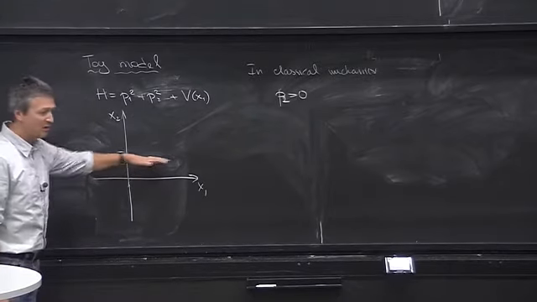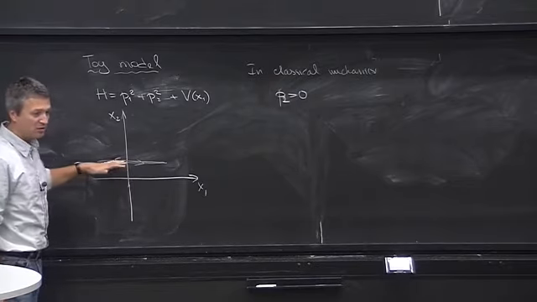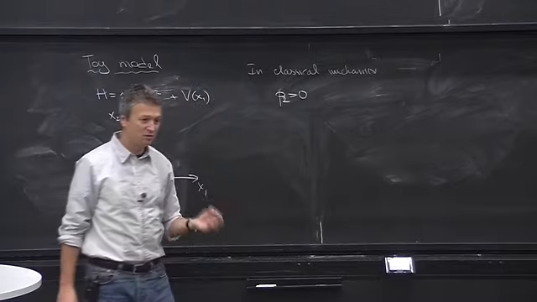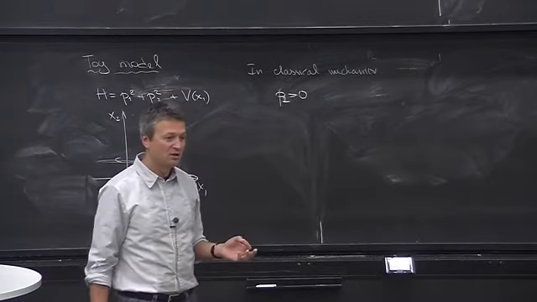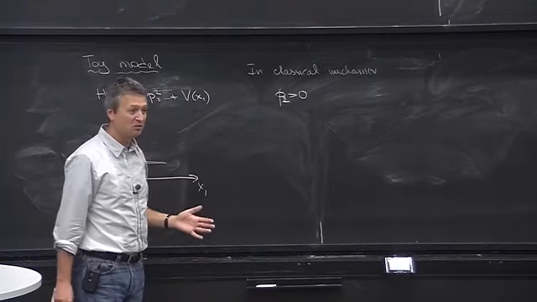And so this will describe the motion of this particle along x1. Okay? So this is a consistent way to say that we want only to study particles that do not propagate in x2.